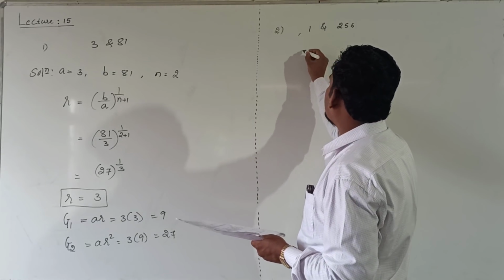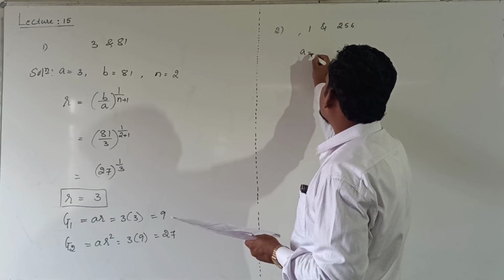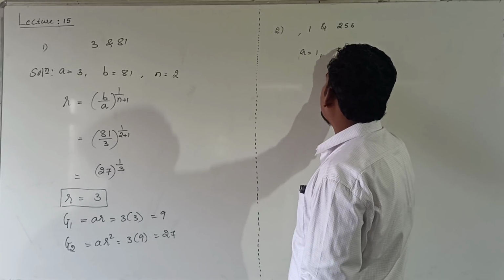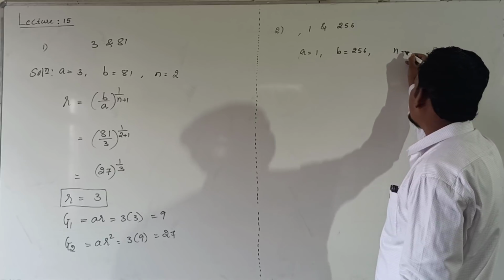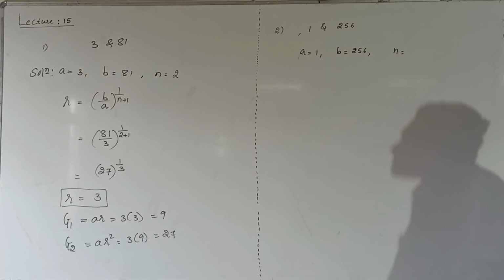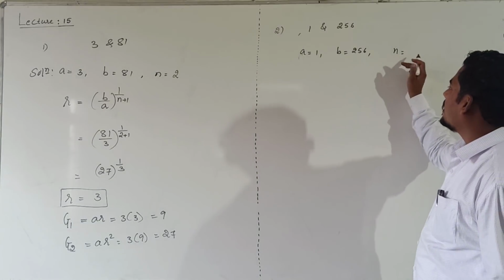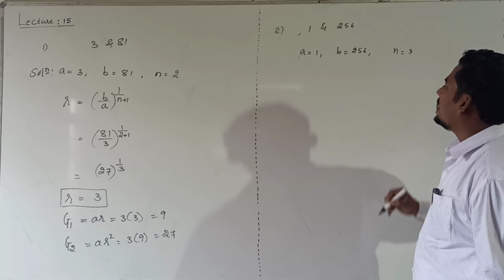In this case, what is small a? Small a is equal to 1. Small b is equal to 256. And in this case, what is n value? We are inserting three numbers between 1 and 256. So take n value 3.